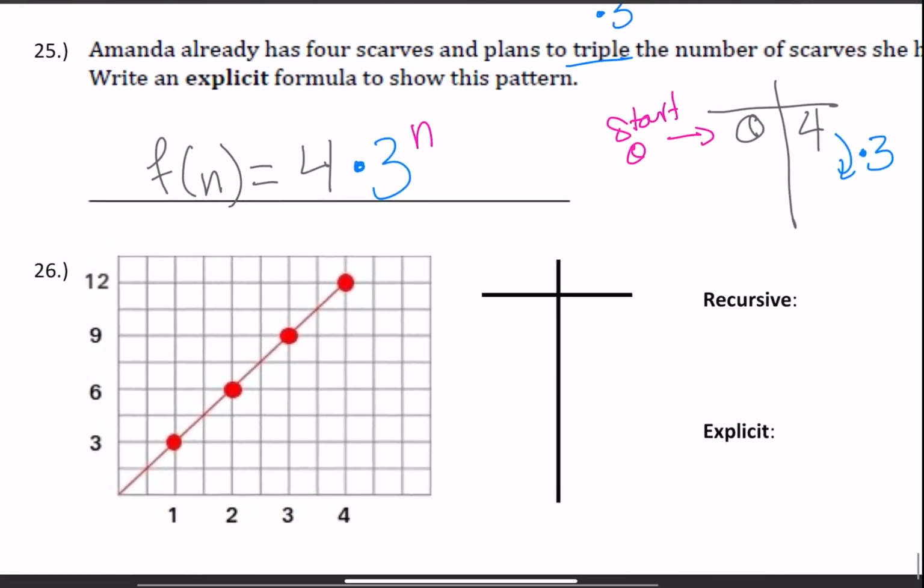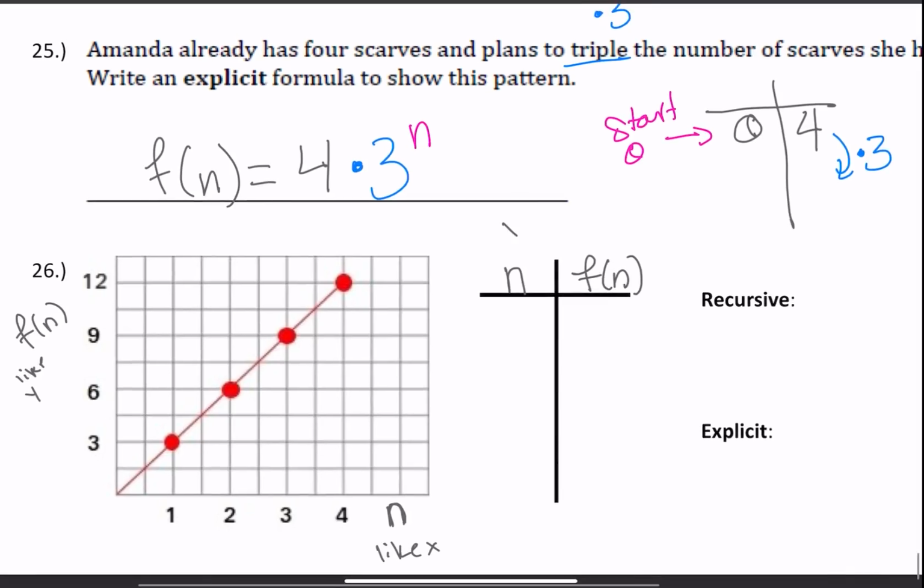Next up, we have a graph, so we've got to take this graph and again put it into a table. Make a table. Okay, so we have this list here. Remember, n's are like our x's, and then f of n's are like our y's. If I fill out this table, f of n and n go in the same spots as where x and y would go.